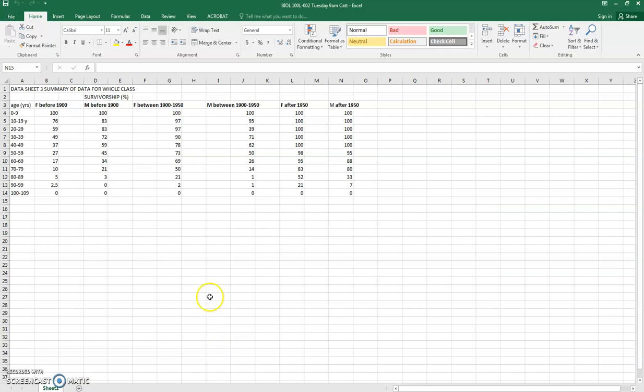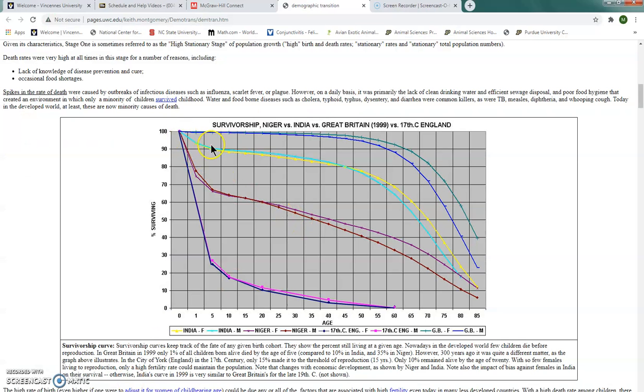Then you would go to your next list of data here, men before 1900, use a different color, put your dots on there and connect the lines. And then again, include them in the legend so we know what they all stand for.